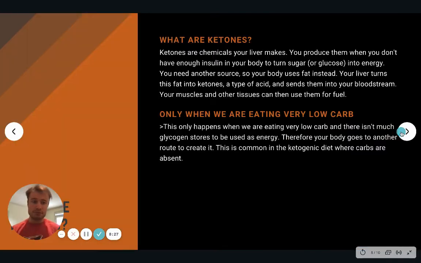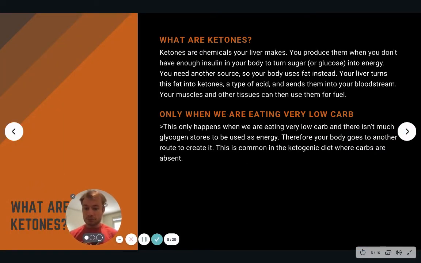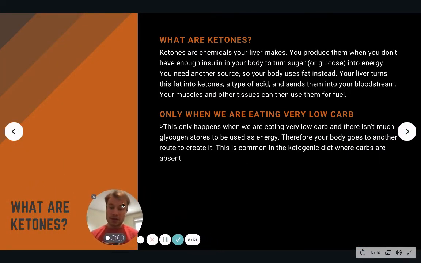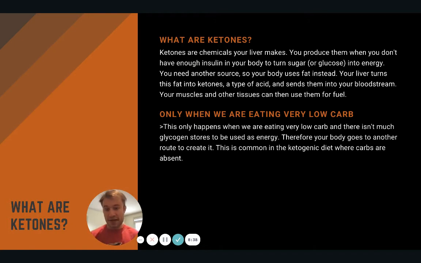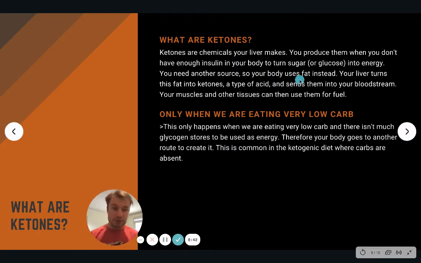Okay, moving on. What are ketones? I'm talking about the ketogenic diet here. When we don't have any carbohydrates in our diet, we can actually use fat as energy. And so what happens is ketones are made from the liver, okay, and you produce them when you don't have enough insulin in your body from sugar or glucose, right?